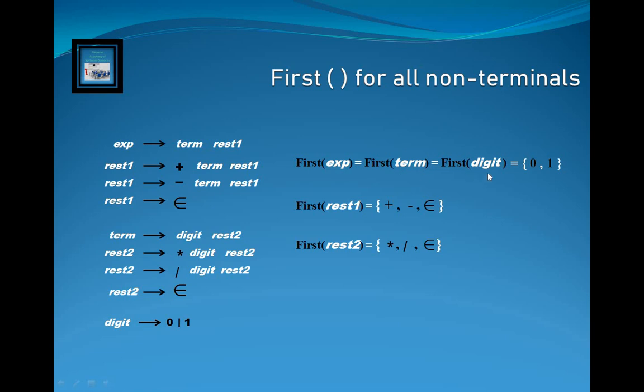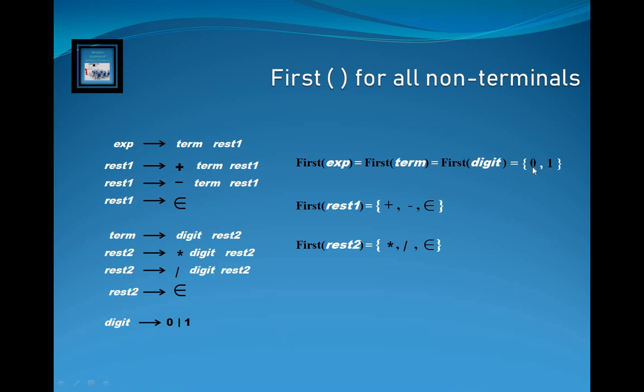So we have to find the answer of first of digit, and because there are productions of digit for each digit, the resultant set will be 0 and 1. For example, if there are 10 productions, a digit can have the form of 0, a digit can have the form of 1, and so on, up to digit can have the form of 9, then of course 10 tokens will come.